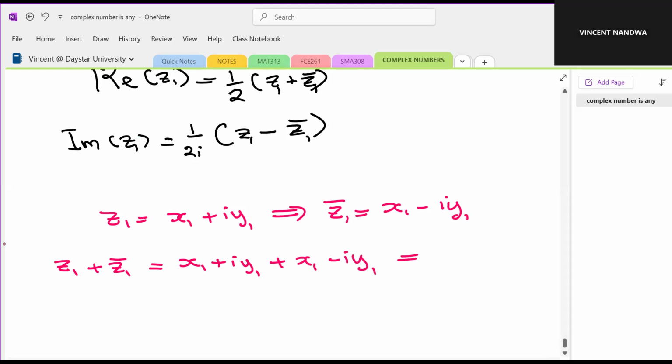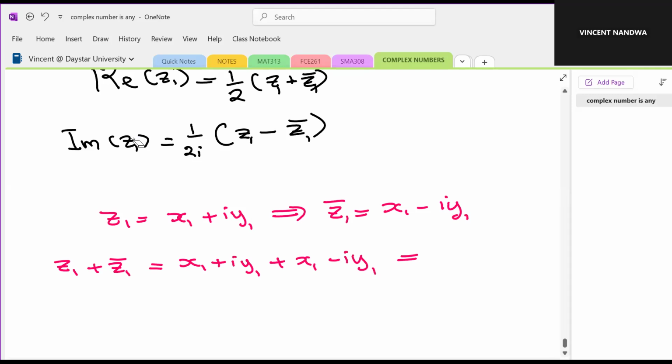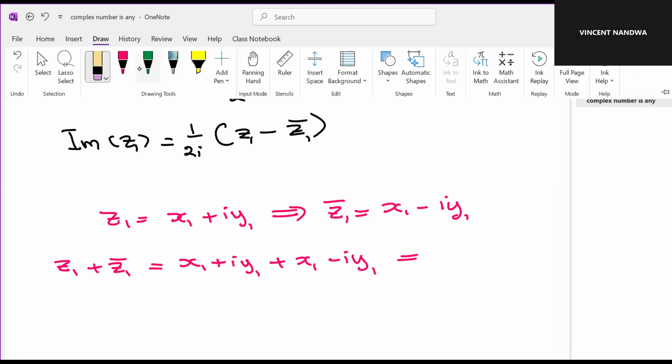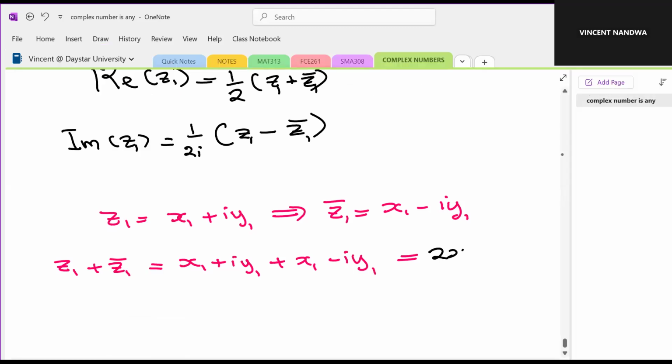Clearly, when you add this, you get 2x1, because minus iy1 and plus iy1 give us 0.